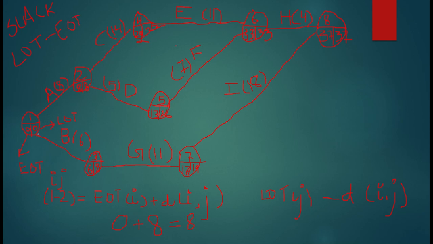So for each event, I have to calculate slack. So 0 minus 0 is 0. 8 minus 8 is 0. 22 minus 22 is 0. 26 minus 13 is 13. So here we have slack of 13.